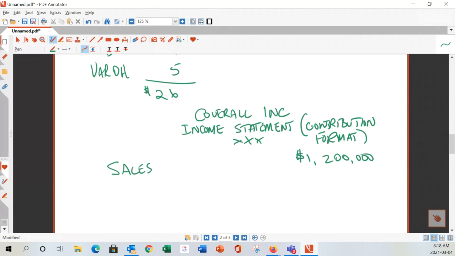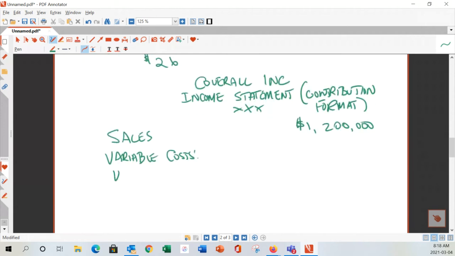All right, and then we have variable expenses. And variable cost of goods sold is the first one.